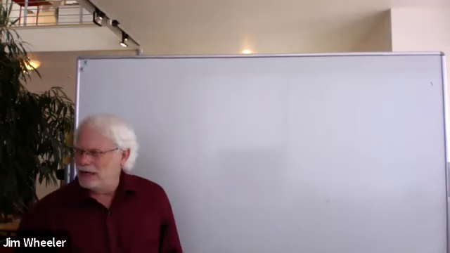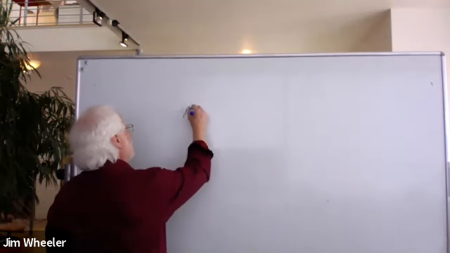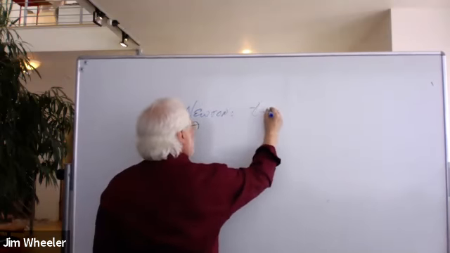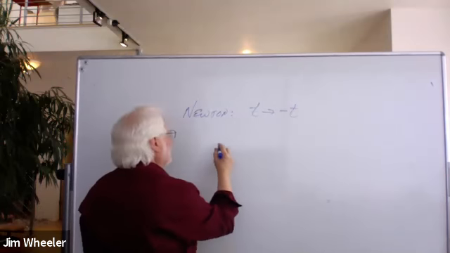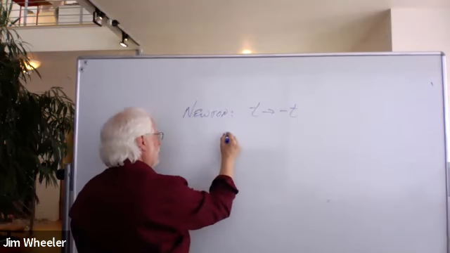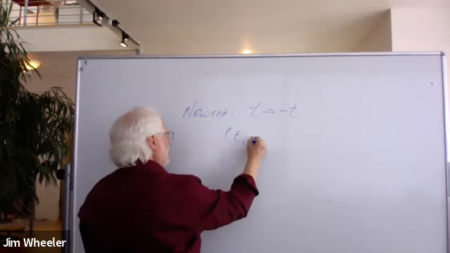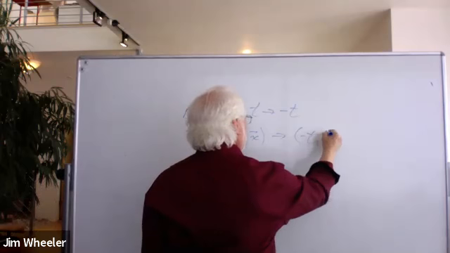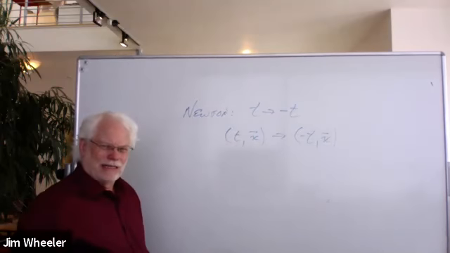So Newtonian time reversal, you just take t to minus t, and so your space-time thing would go to minus t, x, and that's a perfectly good notion of time reversal.